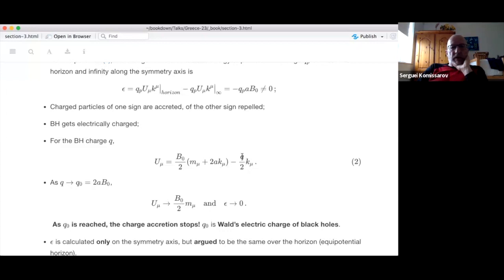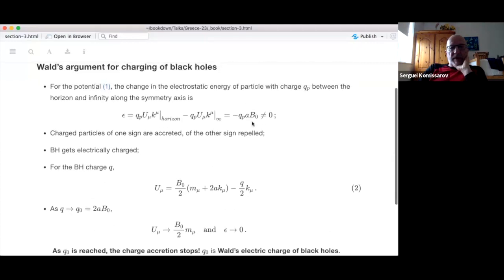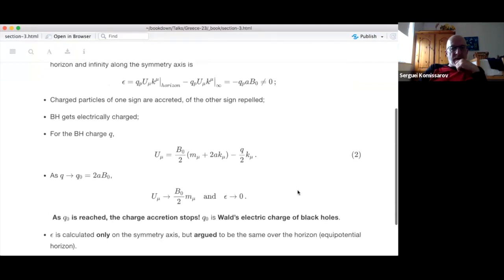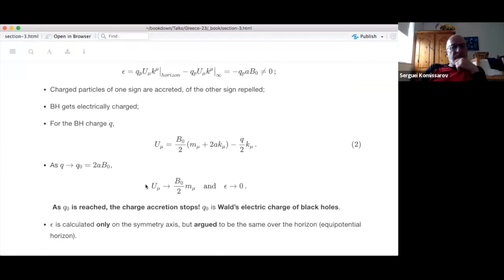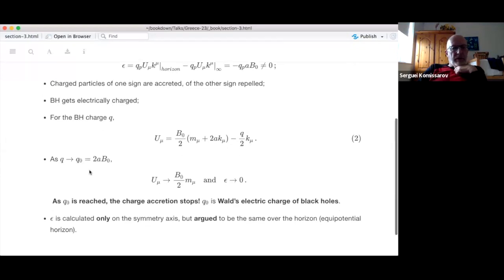And for some value of the charge, those two terms will cancel each other. And as they cancel each other, essentially the rotation, the spin parameter disappears. And you may guess, because the spin parameter is present in this equation, that now the difference in the electrostatic energy of the particle will go to zero in this case.